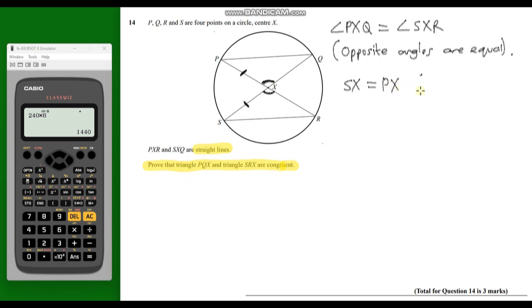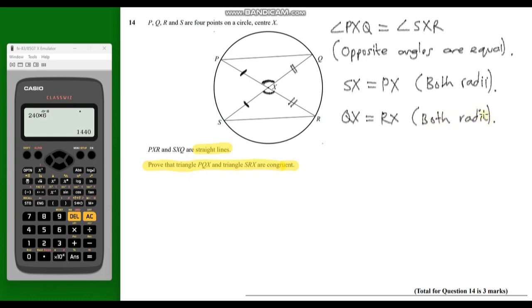And the reason for that is that they are both radii. Okay, and I can do exactly the same for these two. So this side length is equal to this side length, for exactly the same reason. So QX is equal to RX. And again, we can say that they are both radii.